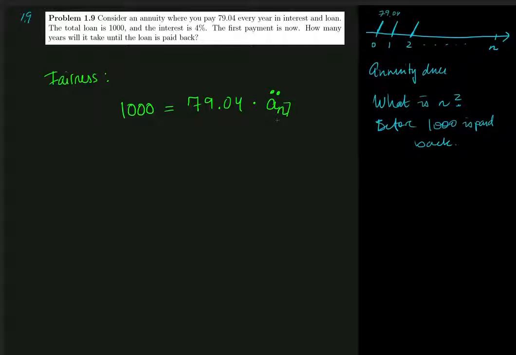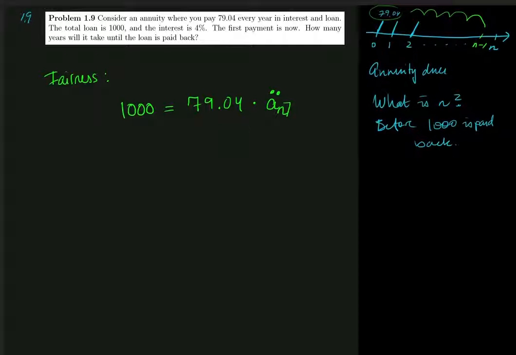Alternatively, we could also just use common sense first before we use the symbol. We could say, well, first we have this 79.04, and then we have the next 79.04 discounted 1 period, and then the next discounted 2 periods, and so on, until the last one that was discounted n minus 1 periods.